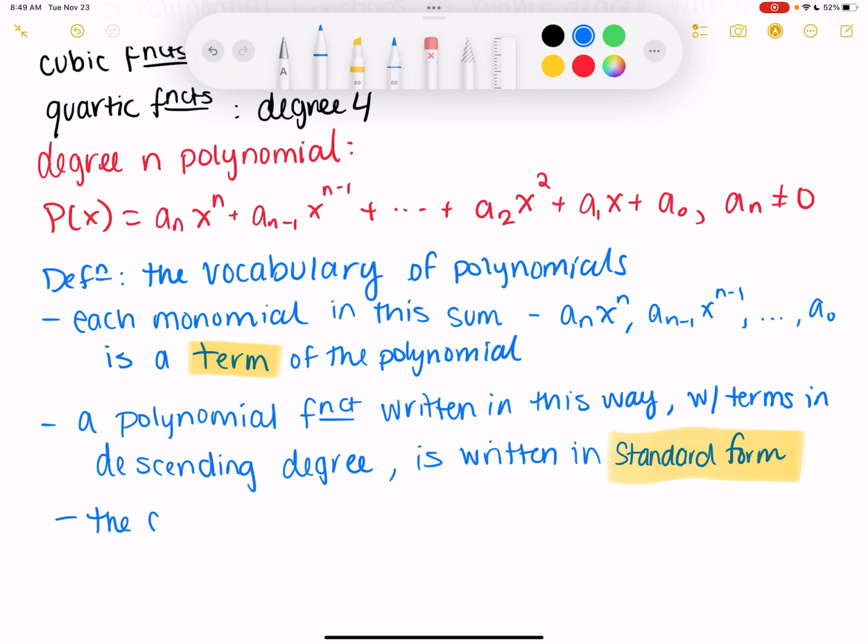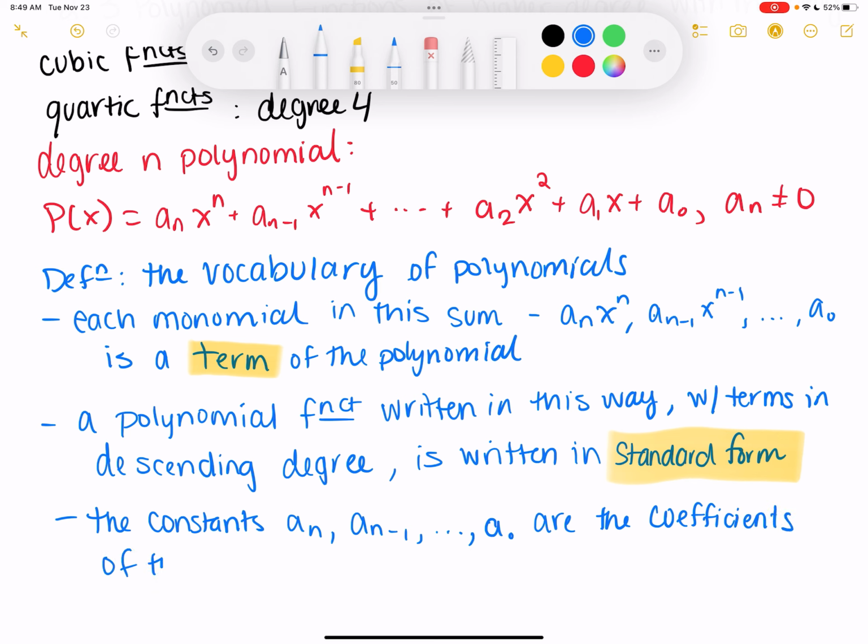The constants a sub n minus 1, a sub 0 are the coefficients of the polynomial. Is that a0?